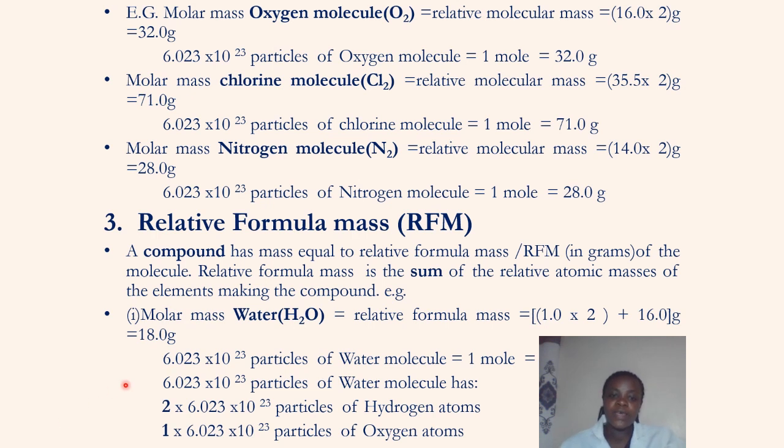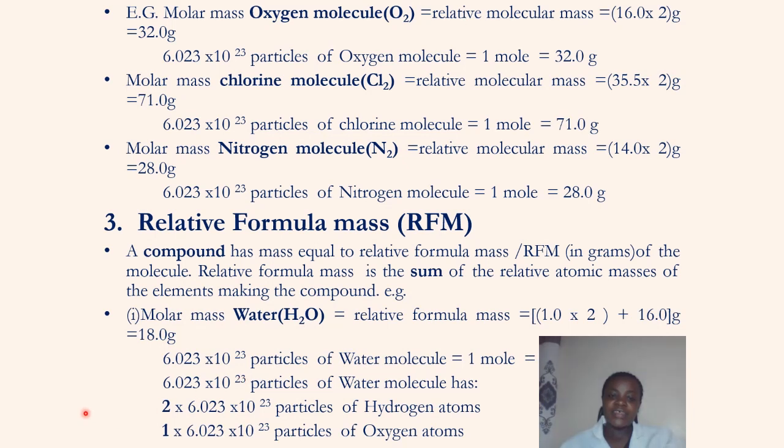So the relative formula mass, or the mass of a water molecule, is equal to 1 mole of the molecule, which is equal to 6.023 times 10 raised to the power 23 particles of water molecule.